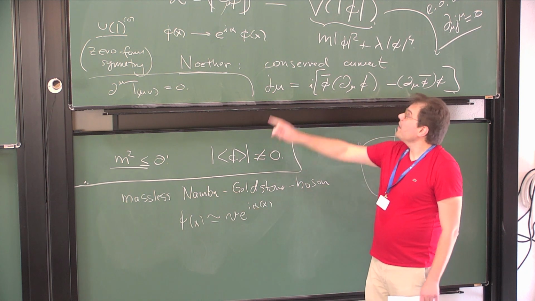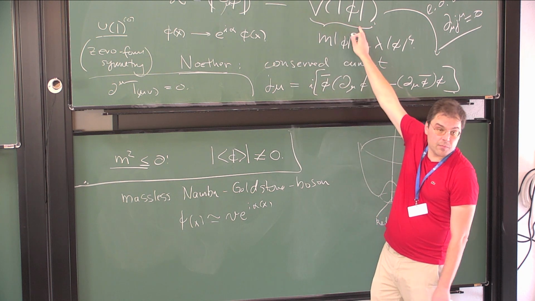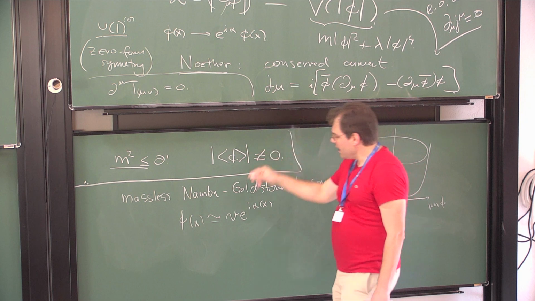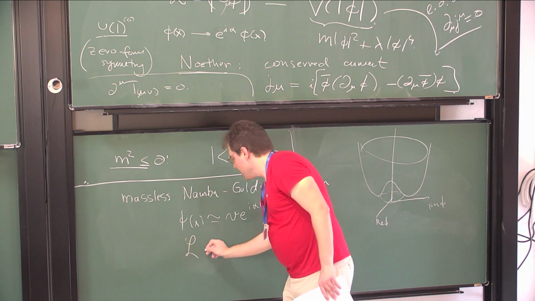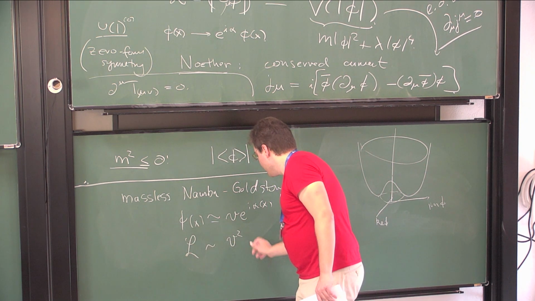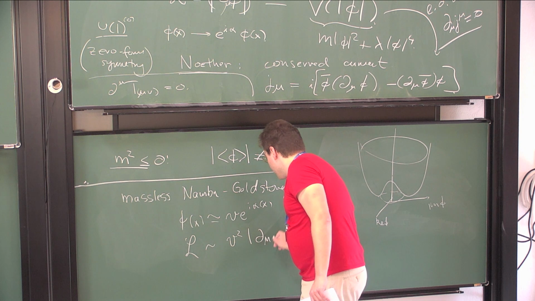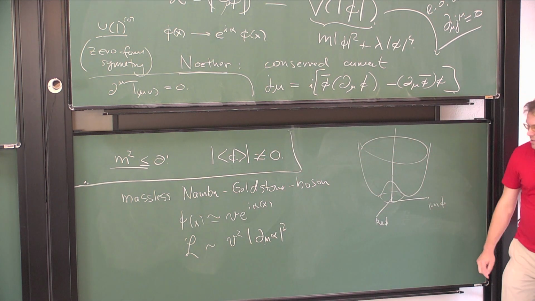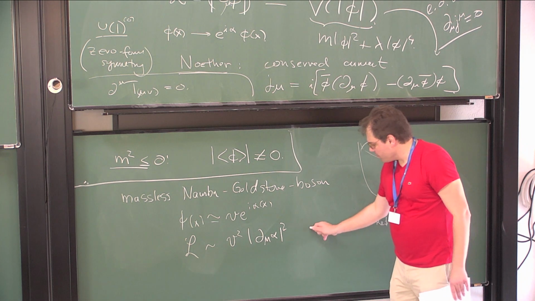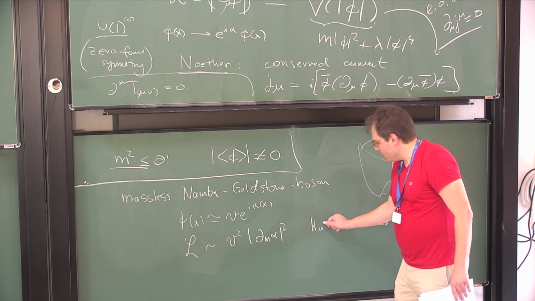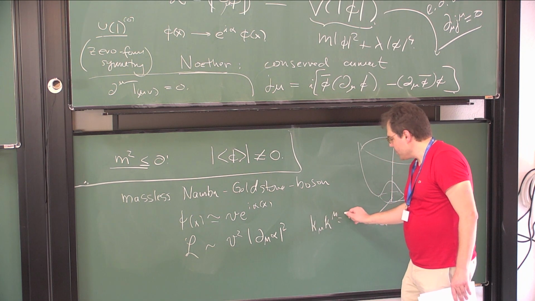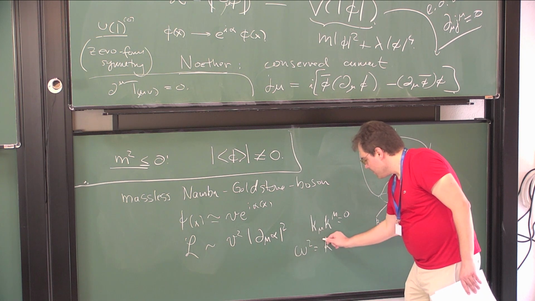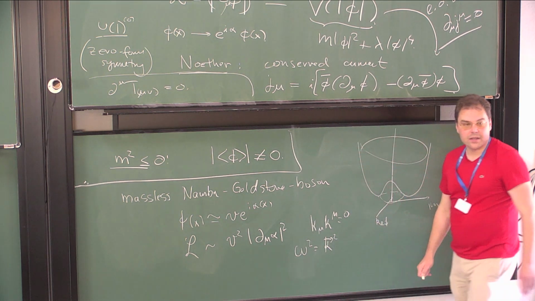And when you plug that phase back into these functions, V drops out because V doesn't depend on this phase angle, but the kinetic term will give you a massless kinetic term for alpha with no mass term. And so this is a massless particle whose dispersion relation is k squared equals 0 in relativistic terminology, or we can write the dispersion relation in terms of the frequency and wave number.